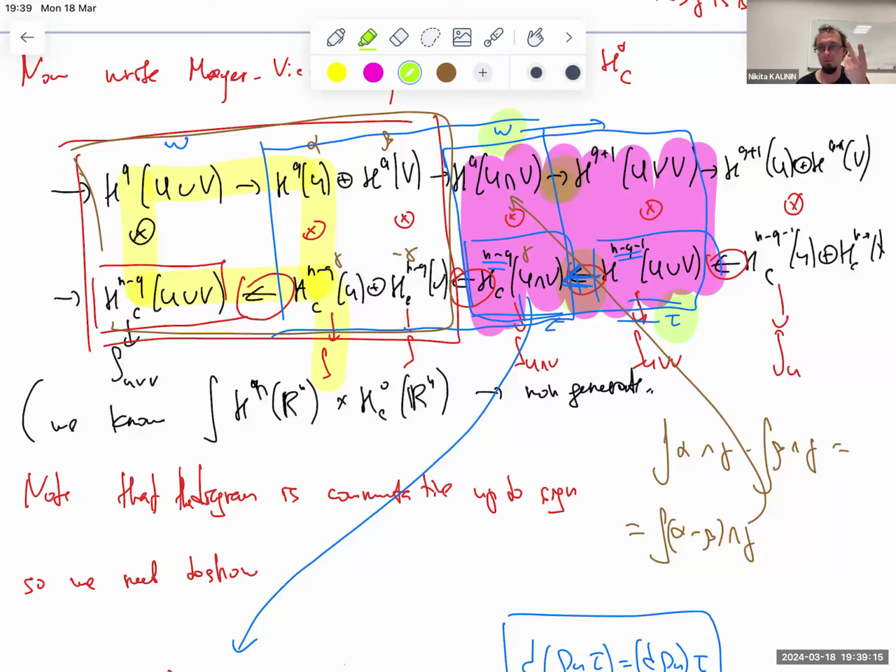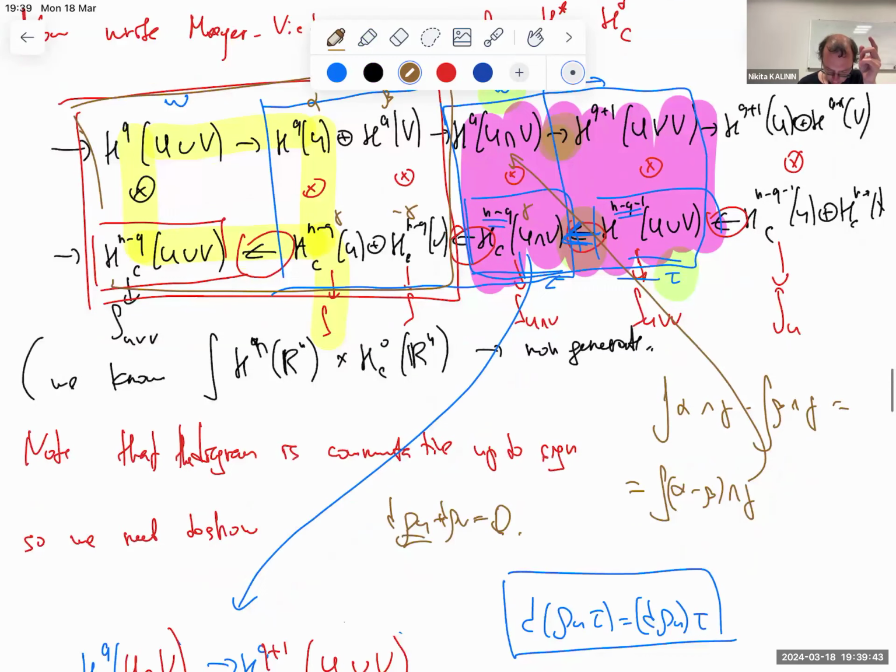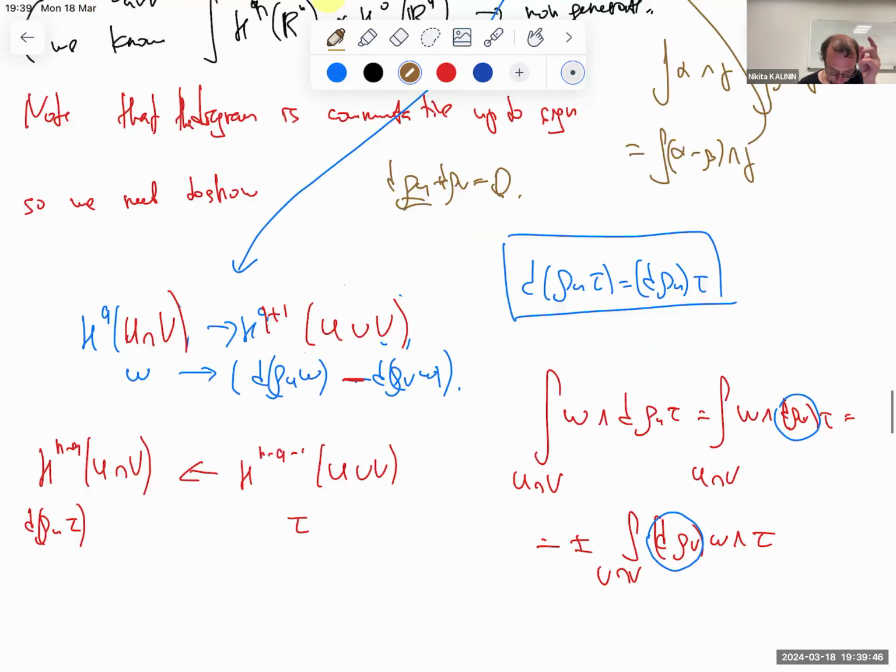So we have two elements of the partition of unity, let's say u and v, so rho v plus rho u is 1. So the differential of them is 0. And so that was used when we defined this differential. So actually we can multiply by just any of them. Let's multiply it by rho u and take the differential on top. So here it's d rho u minus d rho v.